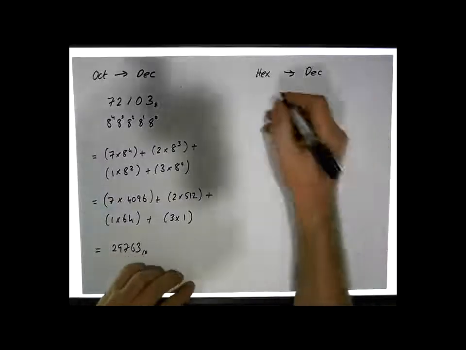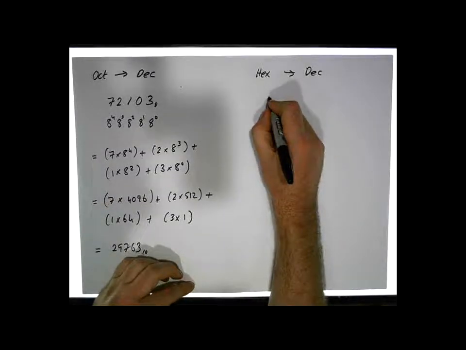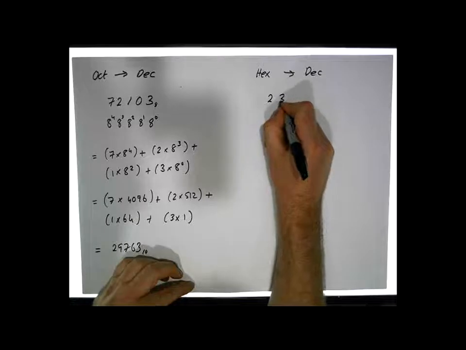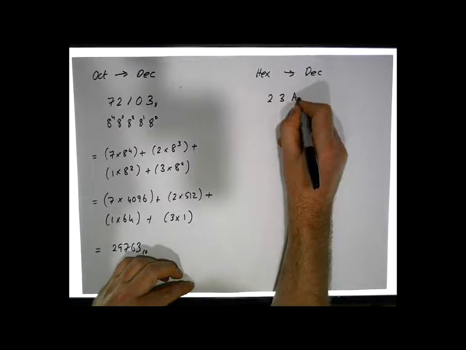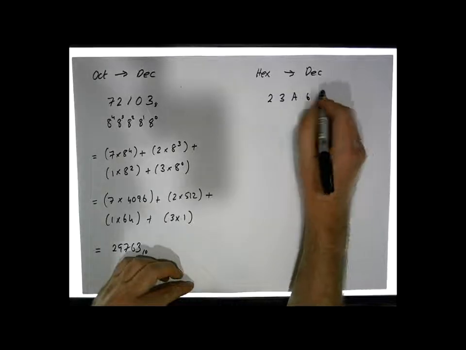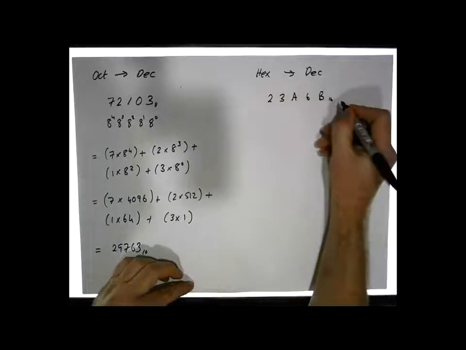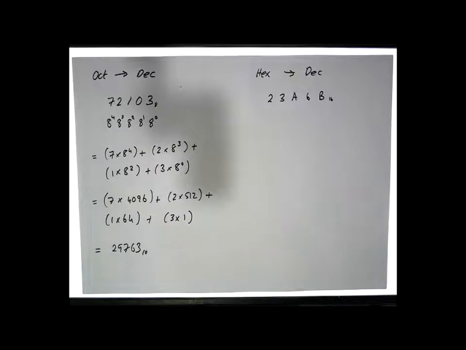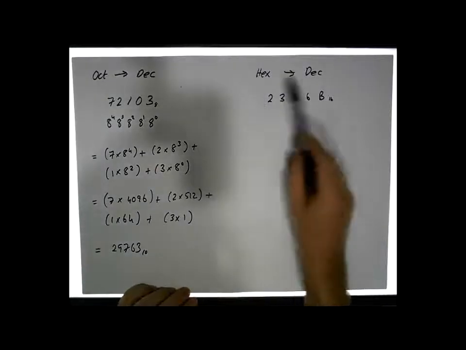I won't choose something too crazy. Let's say I choose 2, 3, A, 6, B, and this is in base 16, and what I want to do is convert this number to decimal.